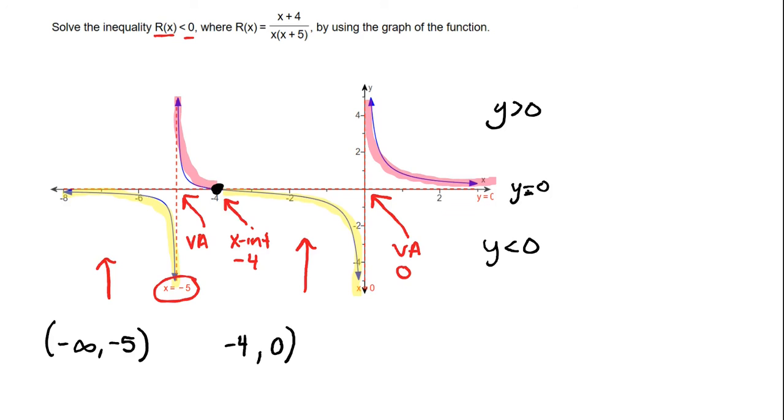And the x-intercept we wouldn't include because we're only looking for where the function is less than 0, not equal to 0. So the solution to this inequality, r of x is less than 0, is x from -infinity to -5, union with -4 to 0.